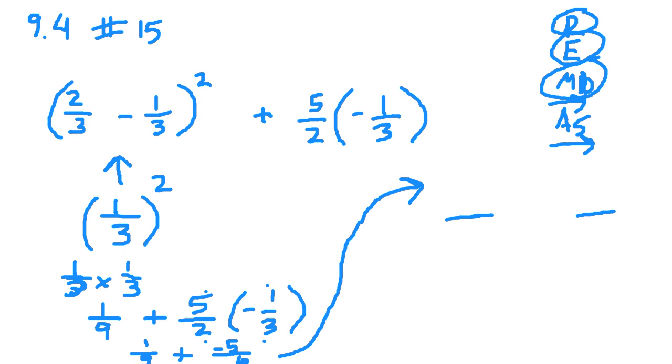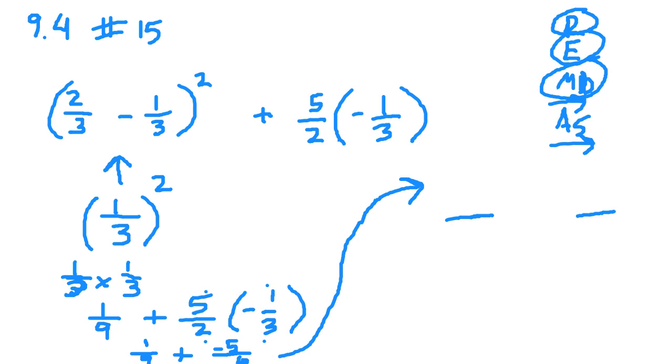We could take 9 times 6, 54, but there's a lower multiple. If you skip count by 9s, there's 9, that won't work. But what about 18? 18 is a multiple of both 9 and 6. That would be the lowest one.